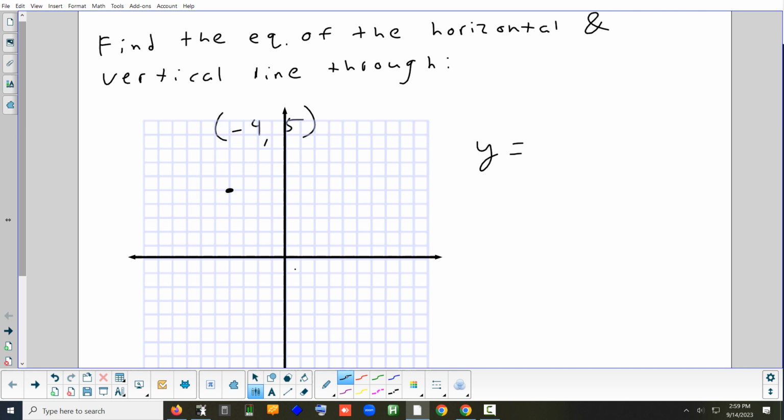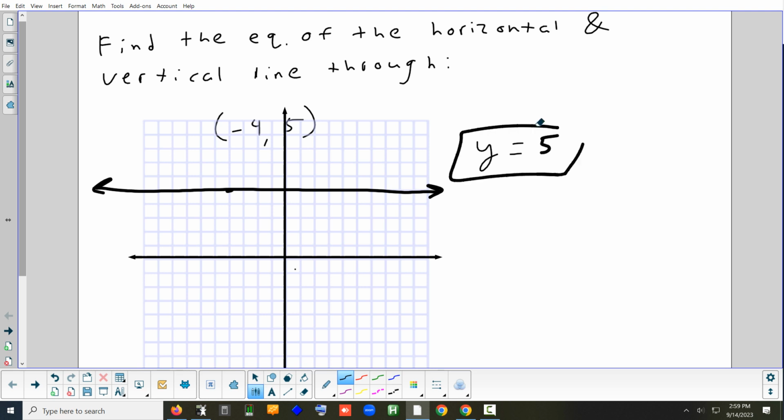In this case, we want our horizontal line to go through 5. So the equation is y equals 5.